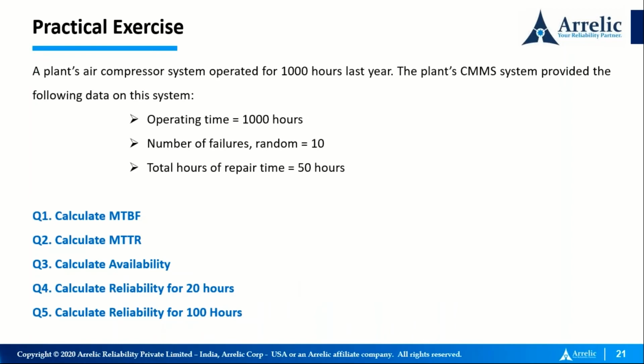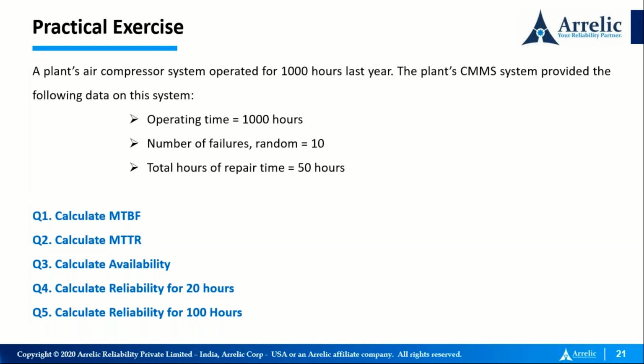Another practical exercise. A plant's air compressor system operated for 1,000 hours last year, and the plant CMMS system provided the following data on this system. Operating time 1,000 hours, number of failures 10, total hours of repair time 50.